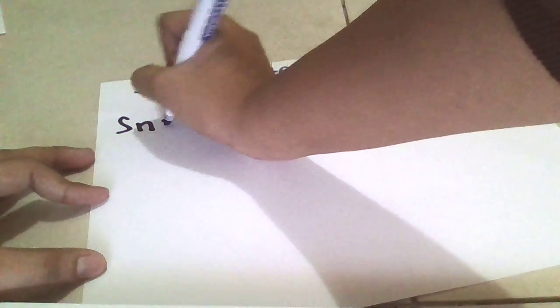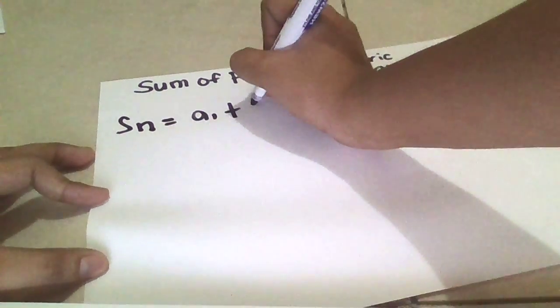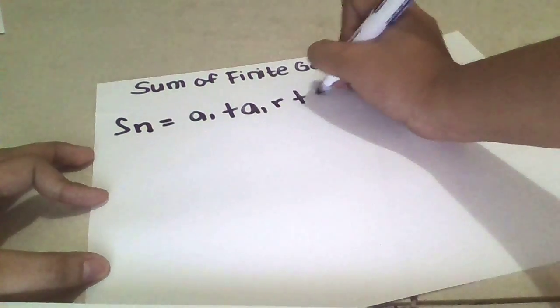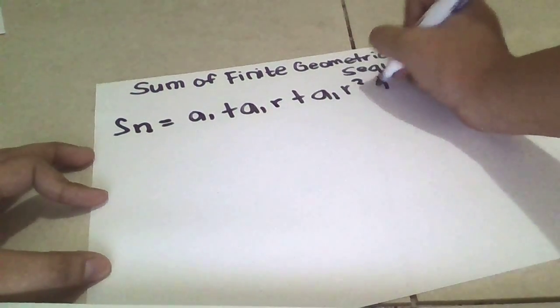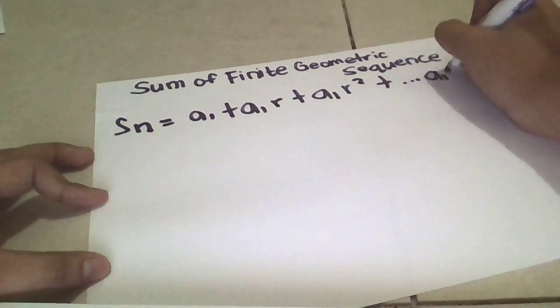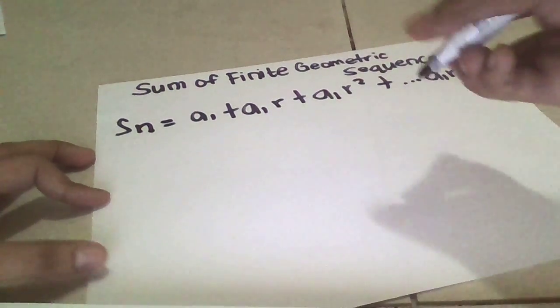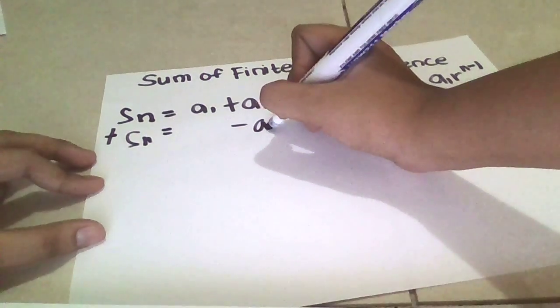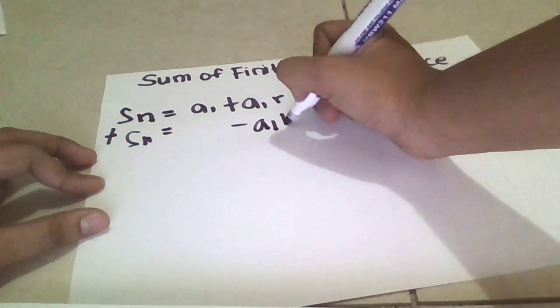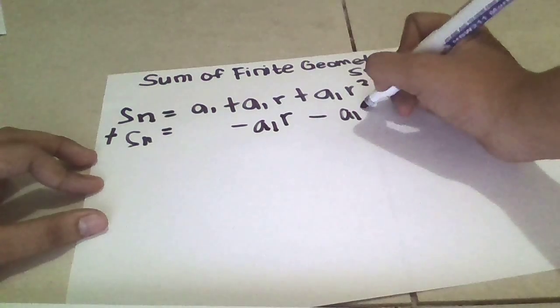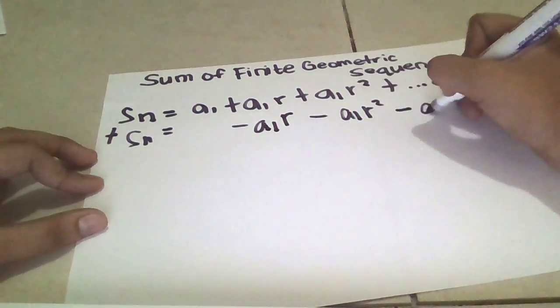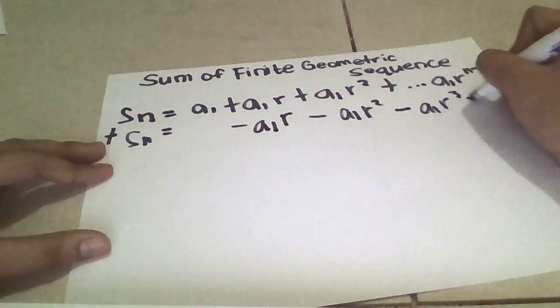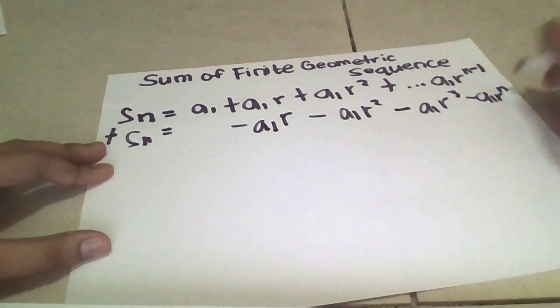It's denoted by S, a sub 1 plus a sub 1 r plus a sub 1 r squared plus dot dot dot a sub 1 r^(n-1). Then subtract r times S: minus a sub 1 r minus a sub 1 r squared minus a sub 1 r cubed minus a sub 1 r raised to n.